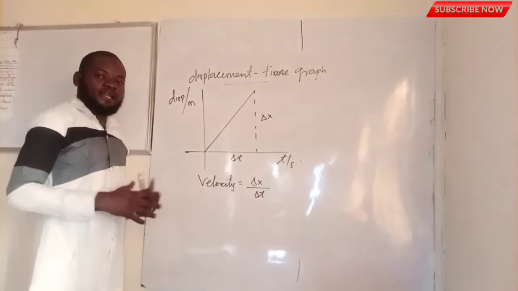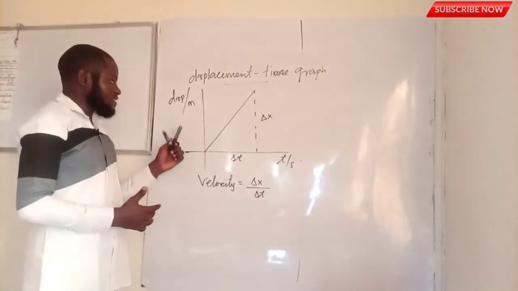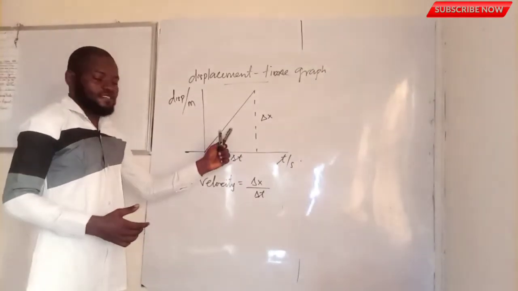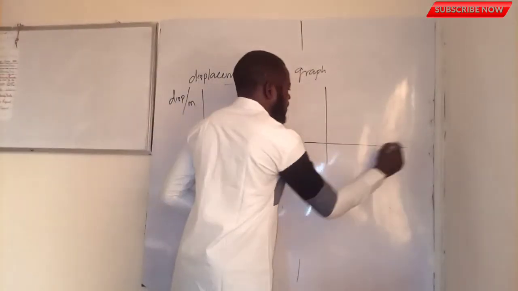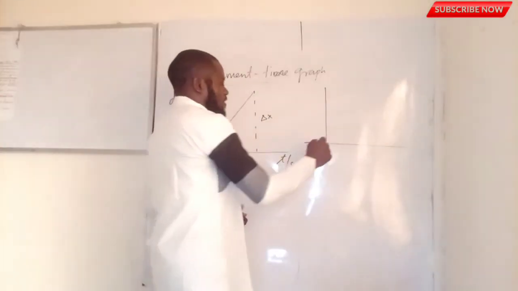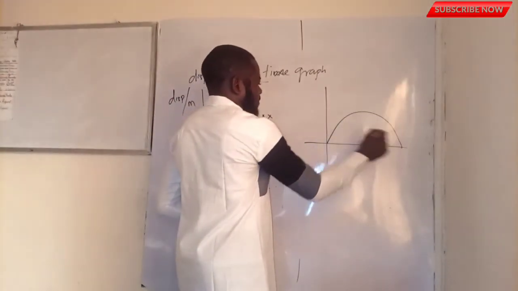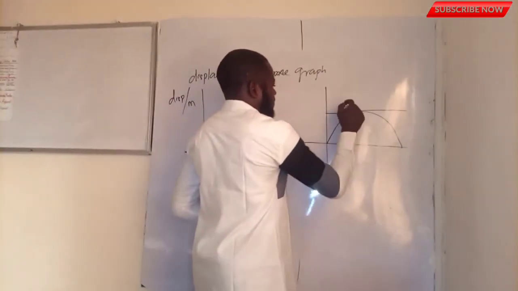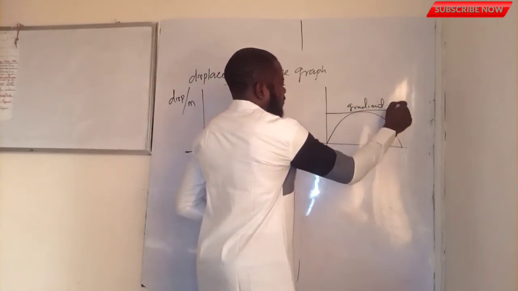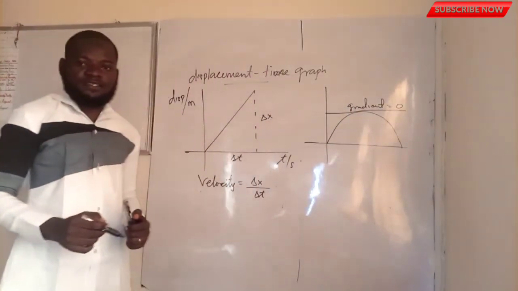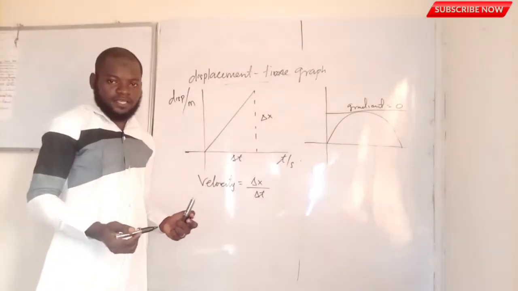Okay? And if it is a constant displacement also, remember this is uniform. If it is non-uniform, the non-uniform can come in different forms. If it comes in this manner, then the gradient, that is the slope, is said to be 0. Are we together now?